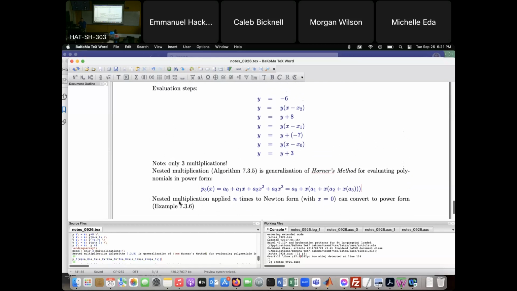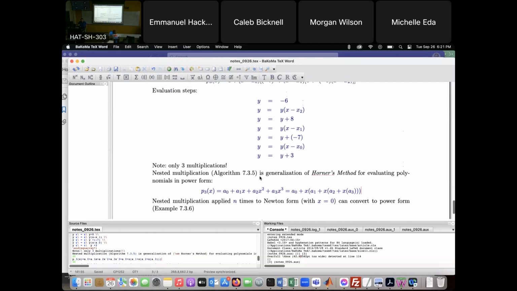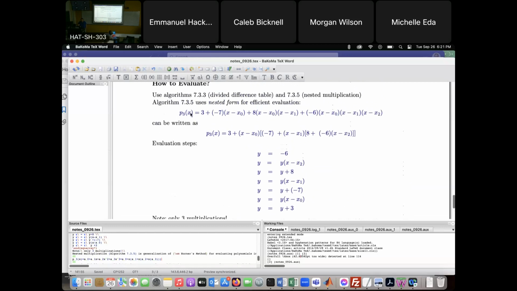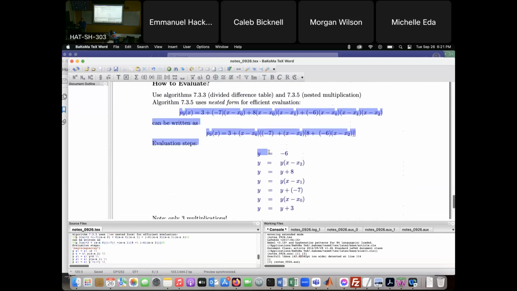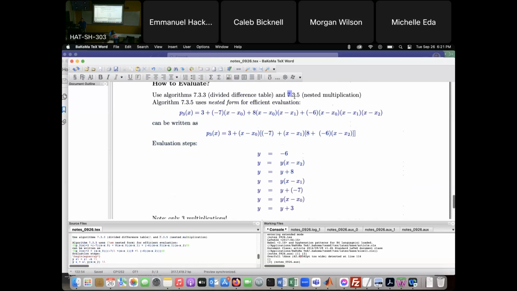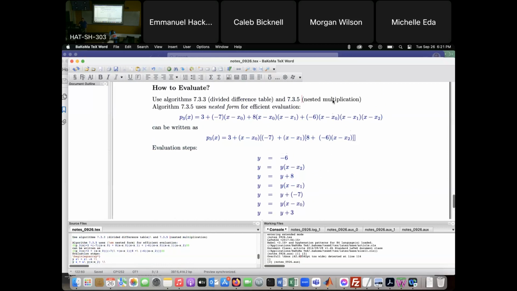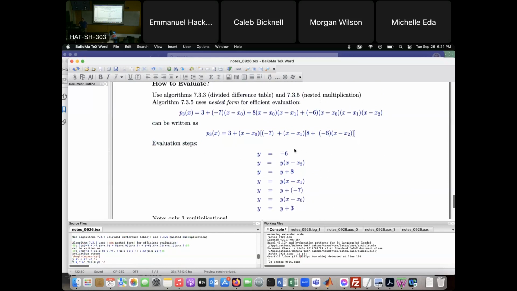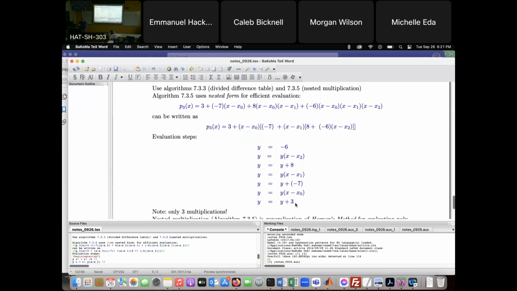I won't get into this here, and it's not something related to a homework or midterm, but what I've shown you here for efficiently evaluating the Newton form is called nested multiplication, and it's algorithm 7.3.5 in the text. But nested multiplication is mainly used to evaluate the Newton form efficiently, but it has another use.